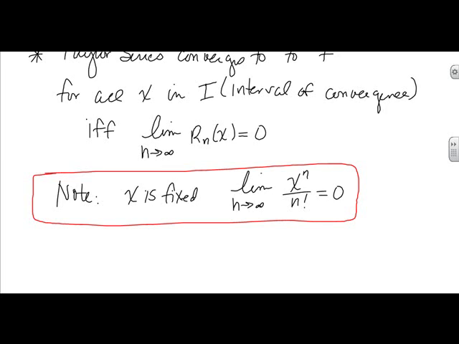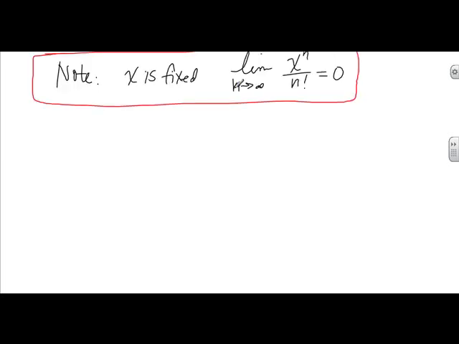So, an example real quick. Suppose we have our function f of x equals cosine x, and we're talking about the series centered at x equals pi over 2. The first derivative is negative sine of x.